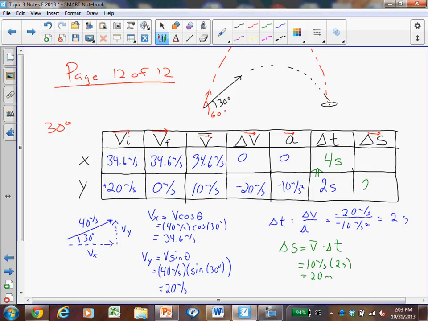So how high do we go? 20 meters up. How far do we go? Well, we can calculate this from the same equation. 34.6 meters per second times 4 seconds is 138.4 meters.